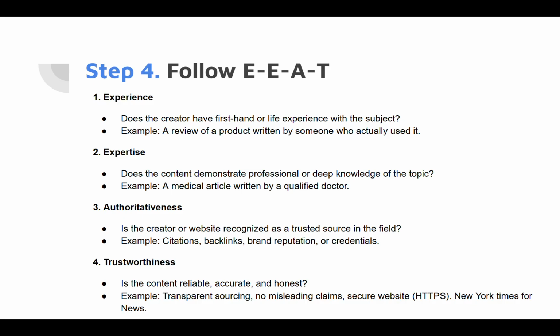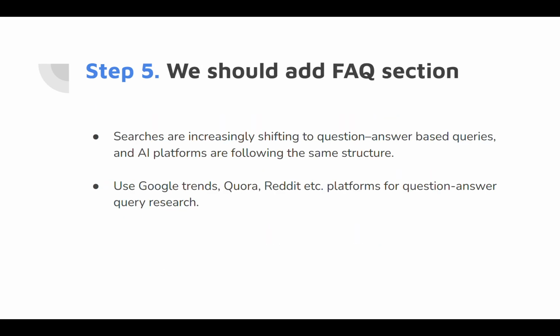Trustworthiness: is the content reliable, accurate, and honest? Example, transparent sourcing, no misleading claims, secure website, HTTPS, New York Times for news. If you are seeing a news article from the New York Times, that means it's trustworthy because it has a name in the news industry, so that kind of trust Google follows.